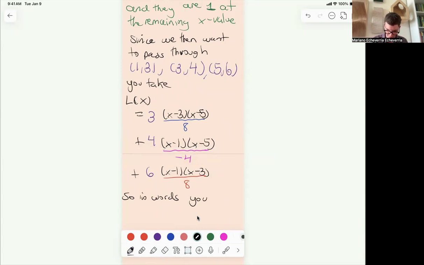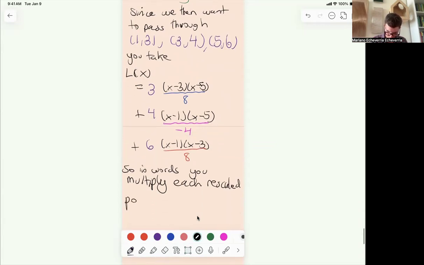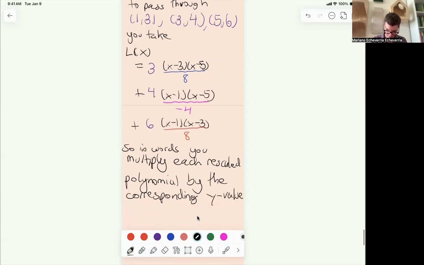You multiply each rescaled polynomial by the corresponding y value, and then you add.